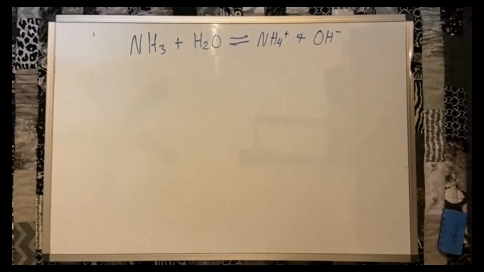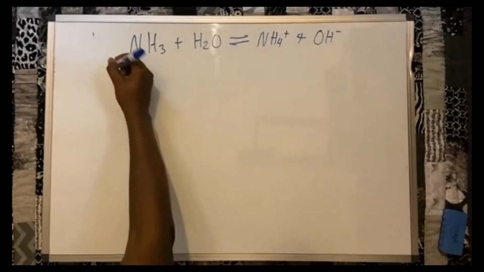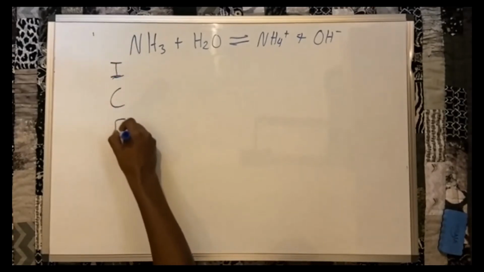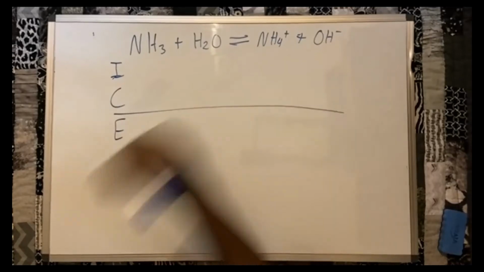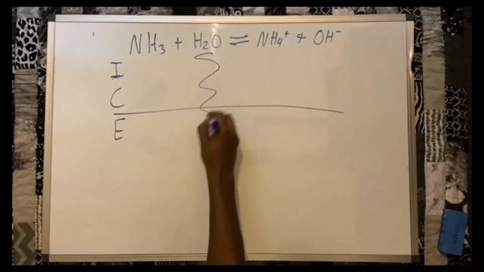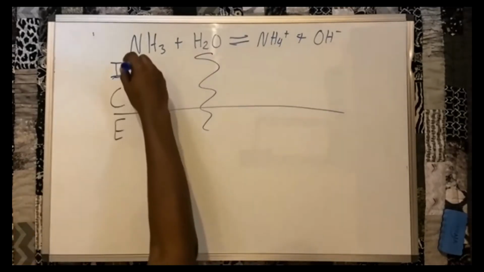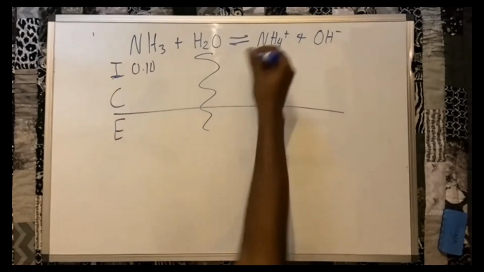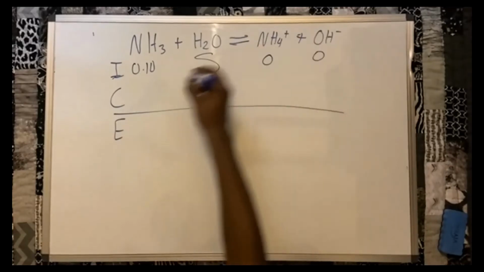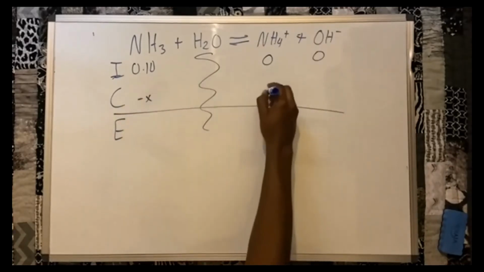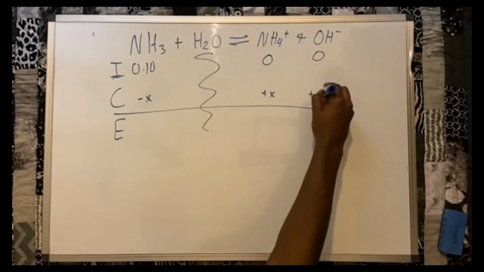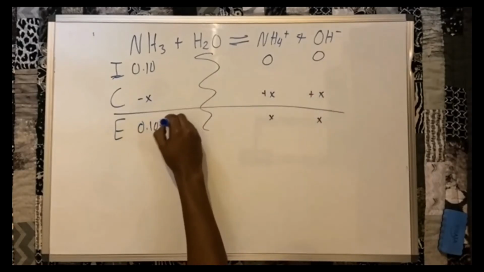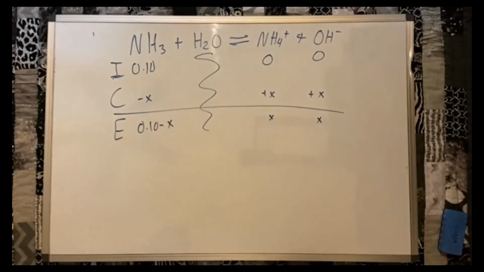Yes. Okay, do your ICE table right. Ignore water. This was 0.18. Cool. 0, minus x, plus x, plus x, 0.1 minus x. I'm assuming you weren't stuck there.